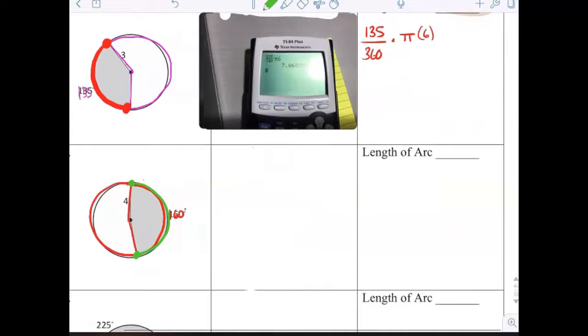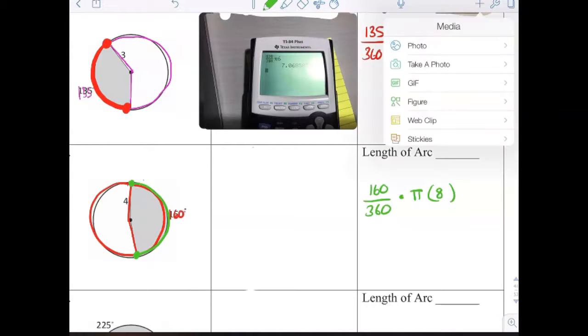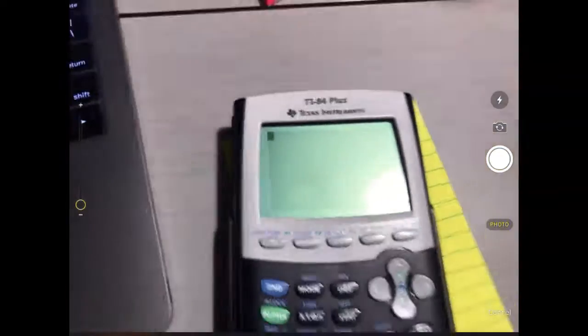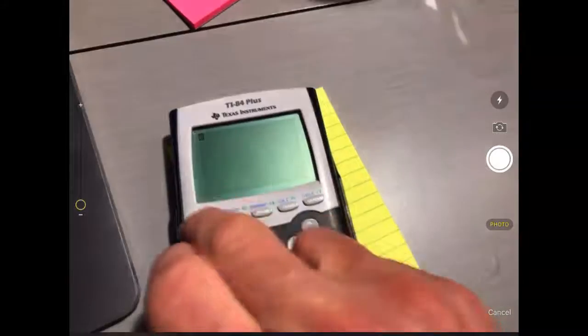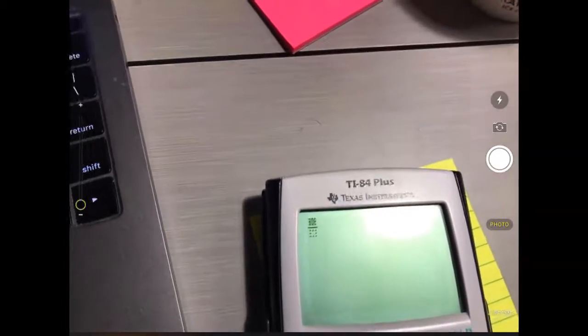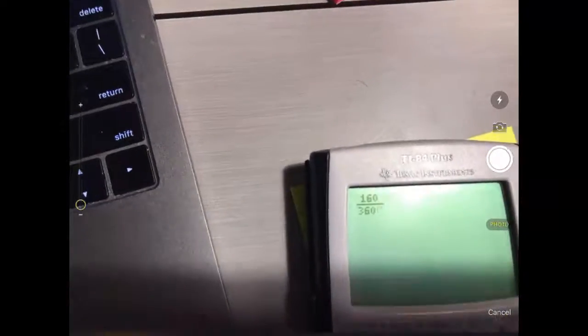So remember, the formula is angle over 360 times pi times diameter. And diameter in this case is 8. Be careful, it's not 4. All the way across would be 8. So we type that into the calculator. And I have 160 over 360.